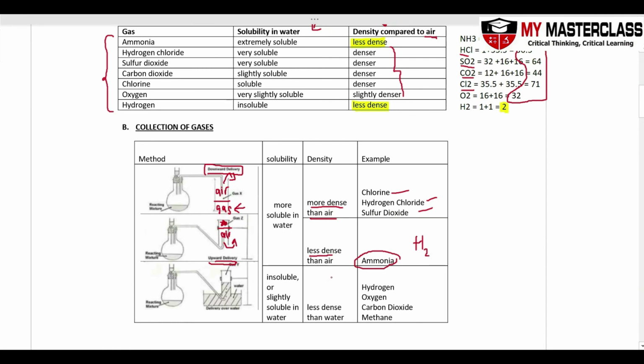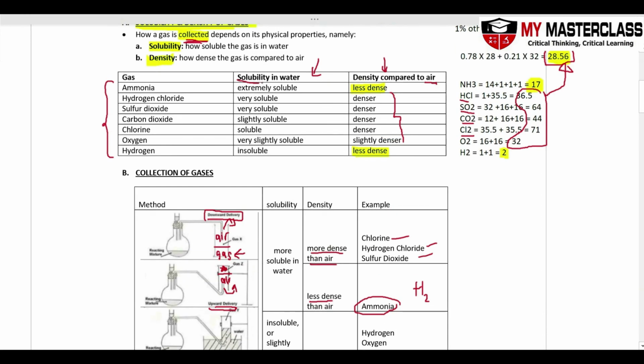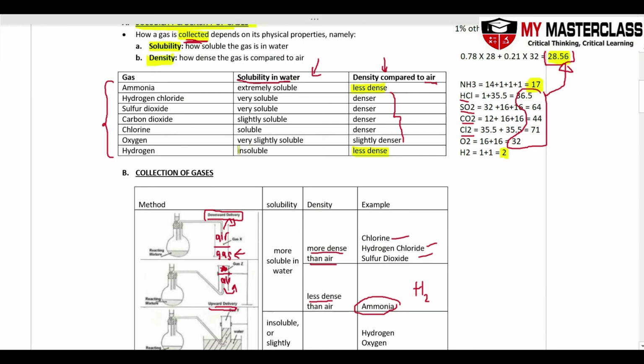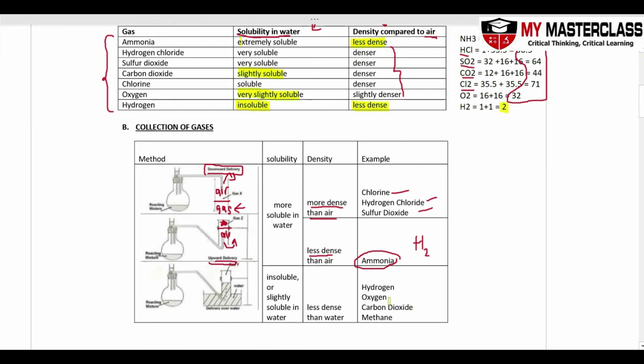Then we will talk about solubility in water. The gas that is very insoluble is hydrogen. Then we have other gases that are slightly soluble. These gases, hydrogen, carbon dioxide and oxygen, because they are slightly soluble or insoluble, we can collect using a method called water displacement.